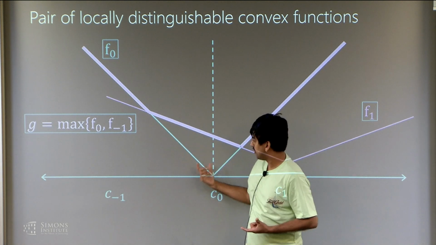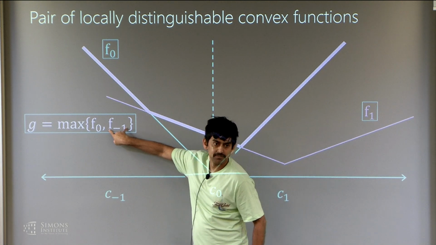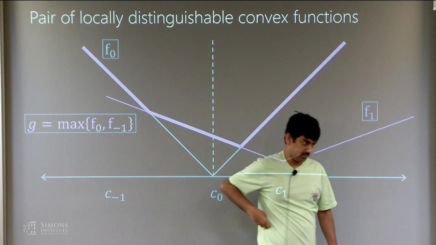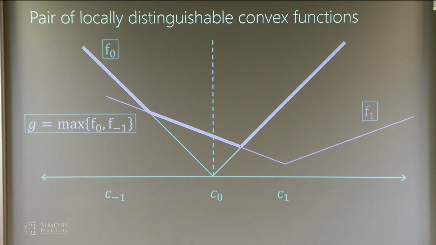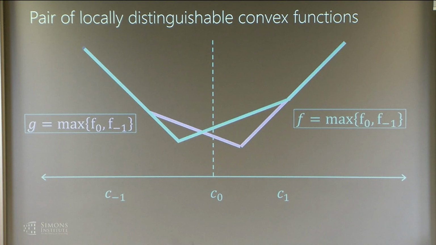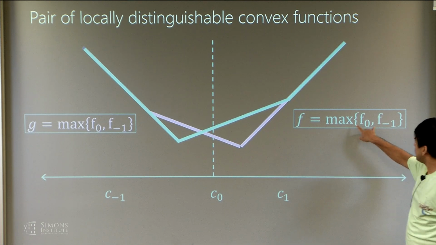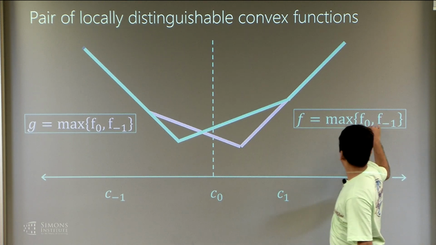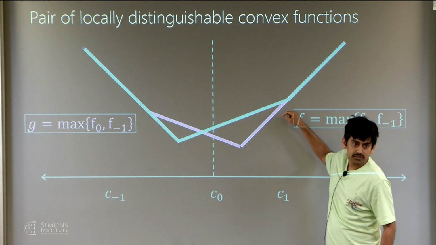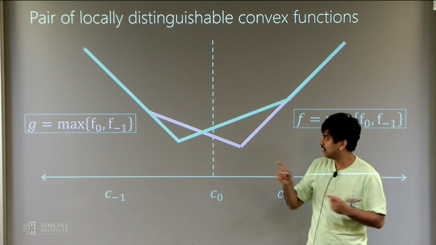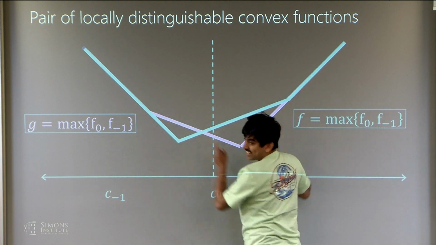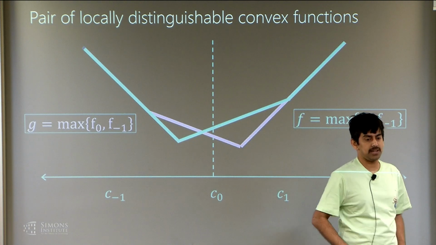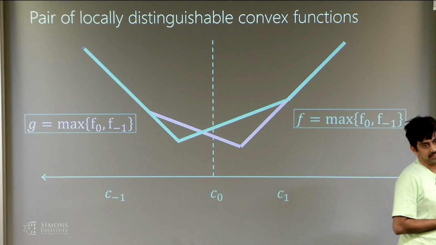So I have this pivot function, and I construct f0 and f minus 1. The max of it is the purple function. The other function would be essentially the max of f0 and f1. So this is the other function. These two functions differ in this regime and they're identical outside this regime because that is dominated by f0. And these are convex functions.